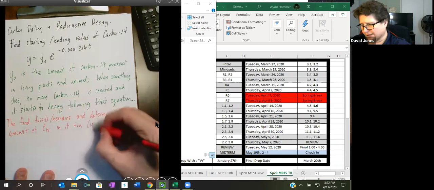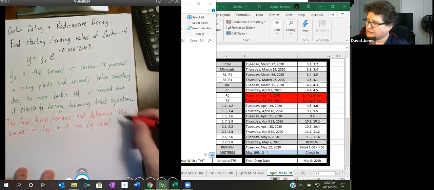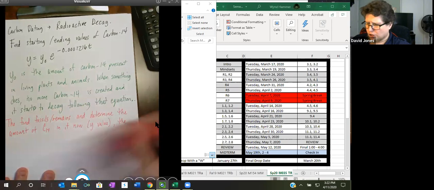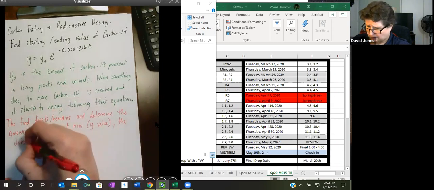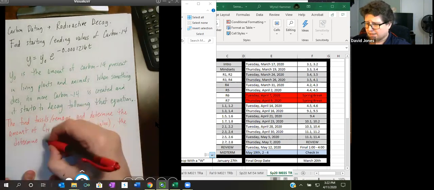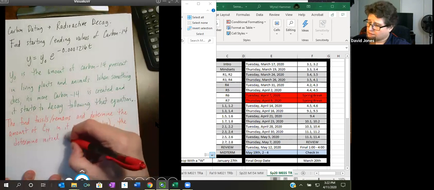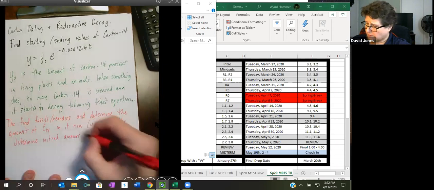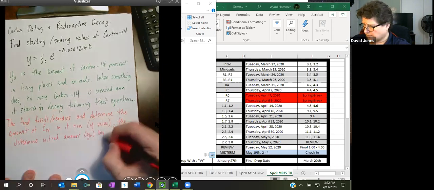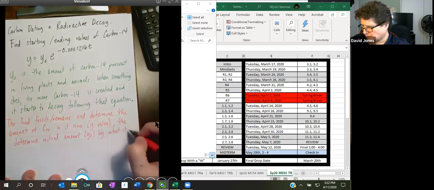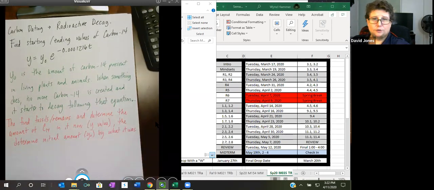Which is our y value. They determine the initial amount by what it was. Like if it's a human skeleton, based on whatever bones they have, they can figure out how much carbon-14 should be in, say, your arm bone if someone just perished.